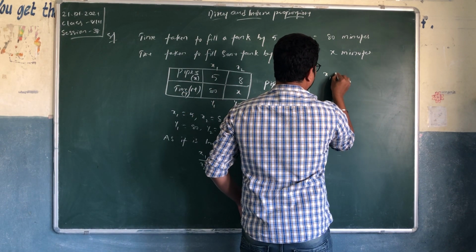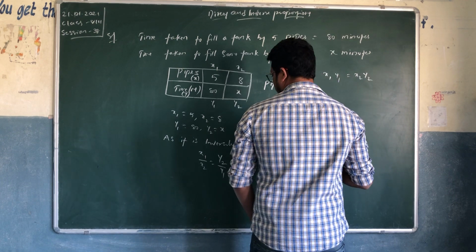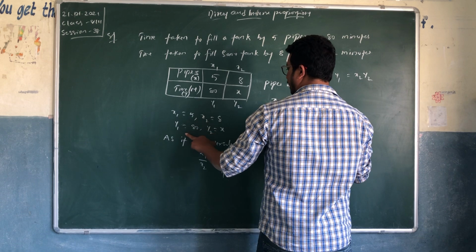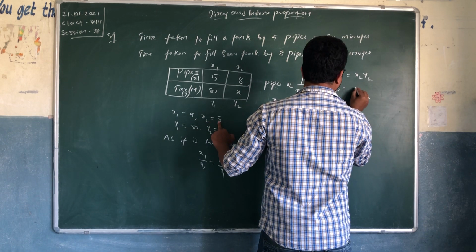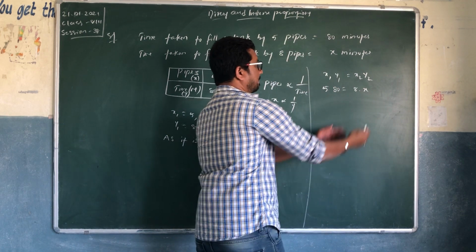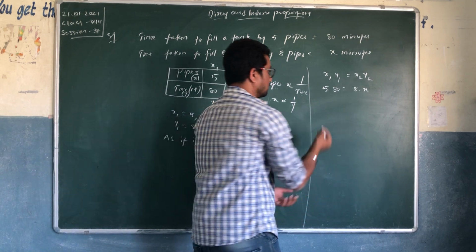So what is the next step? x1 y1 is equal to x2 y2. What is x1? 5. 5 into what is y1? 80. What is x2? 8. What is y2? x. So keep x on the right hand side and get everything to the LHS.